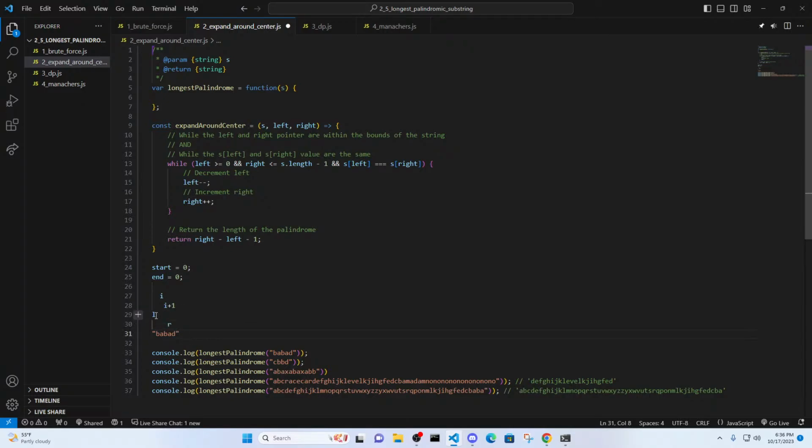And now we get to the point where left went outside the bounds. R is, this one's true, this one's false. And so we break out of it right there. We return 0, 1, 2, 3. 3 minus, we're outside the bounds. We're at -1. So 3 minus -1 is 4, minus 1 equals 3.